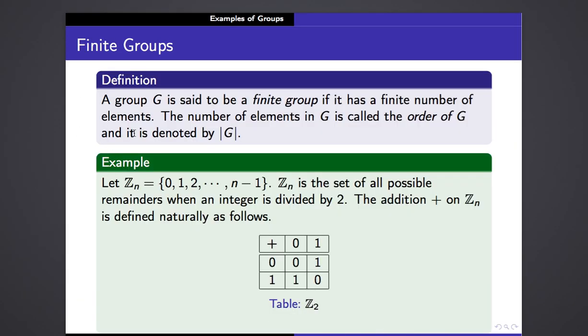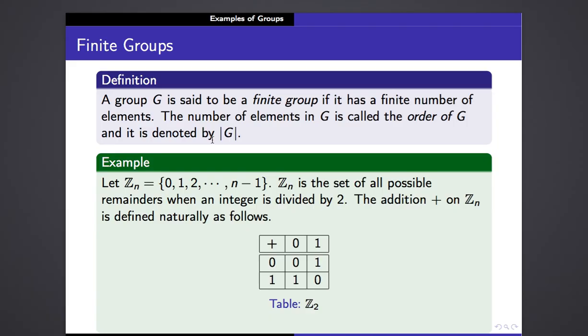Actually, we talked about this definition before, but as a reminder, a group G is said to be a finite group if it has a finite number of elements. The number of elements in G is called the order of G. Again, we talked about that. And it is denoted by this absolute value notation.